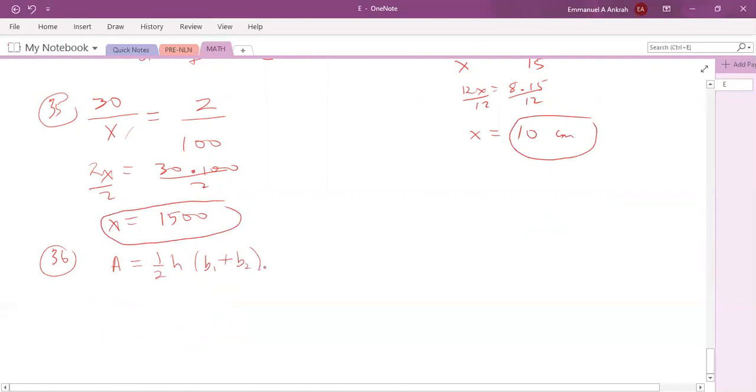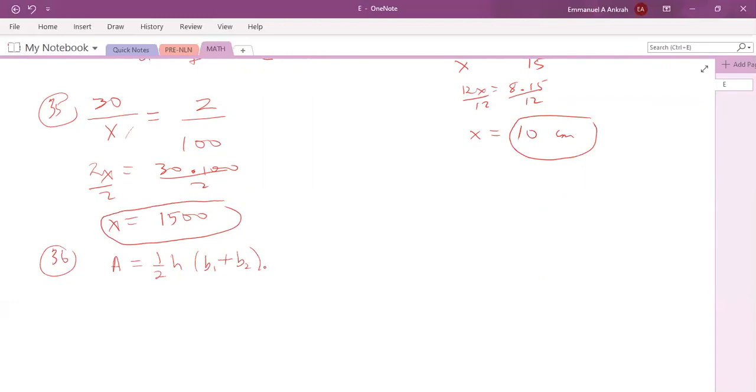So for 36, you want to find H. Would somebody like to talk us through this problem? You want to test your skills? Any volunteer to talk us through this problem? Which question? 36. I got A. You did A. Okay. What do you do?